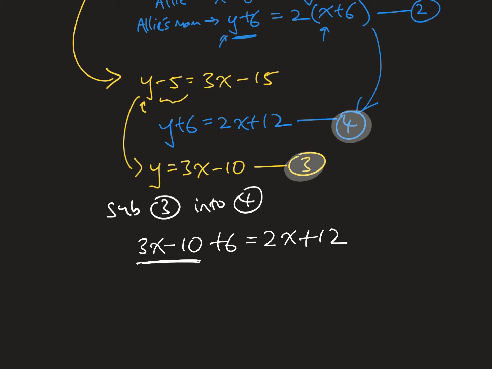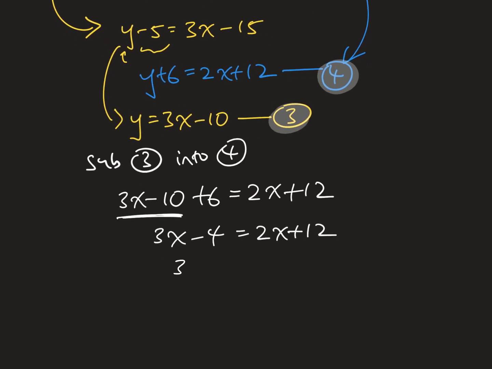Where this was y. And now, the y is gone. We can solve for x. So let's solve. 3x minus 10 plus 6 equals 2x plus 12, and then 3x equals 2x plus 16. x equals 16. There we go.